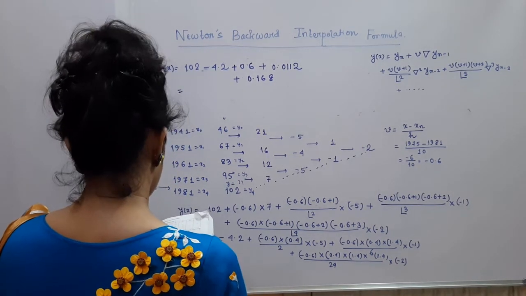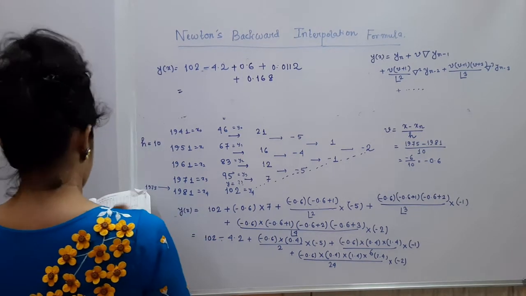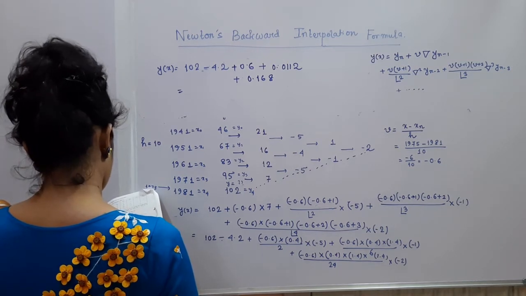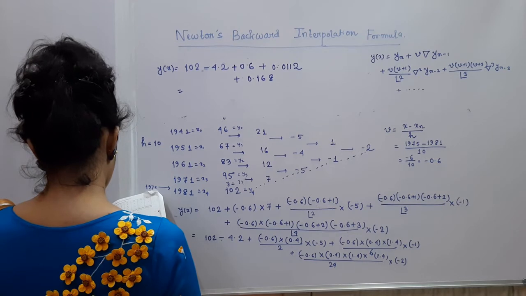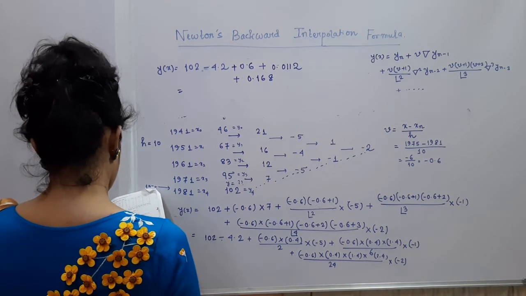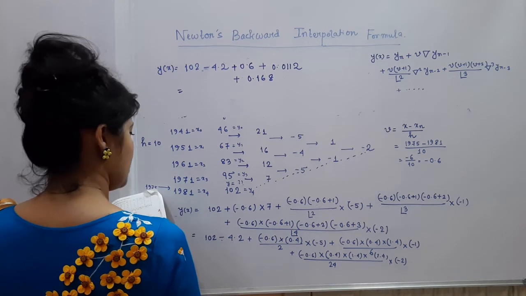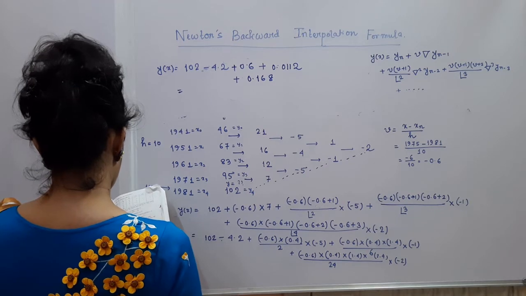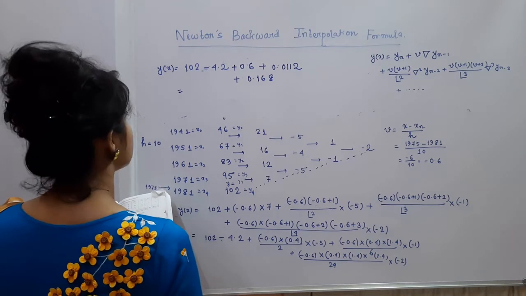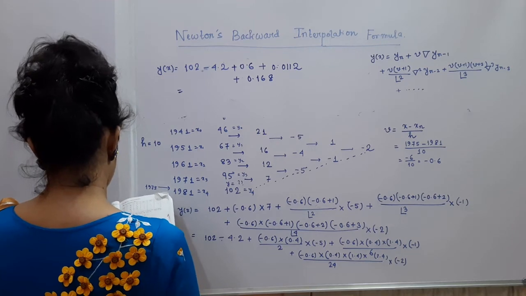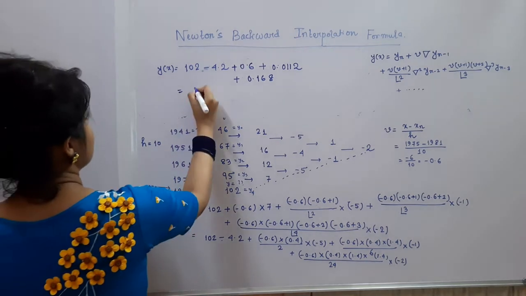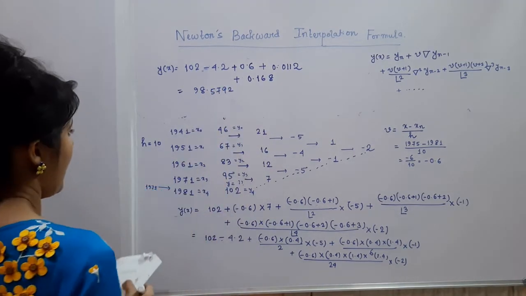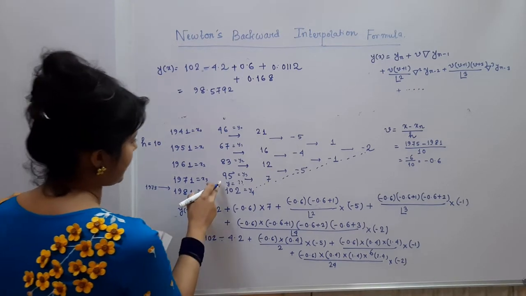So finally it would be 102 plus 0.6 plus 0.0112 plus 0.168 minus 4.2. So that is 98.5792.